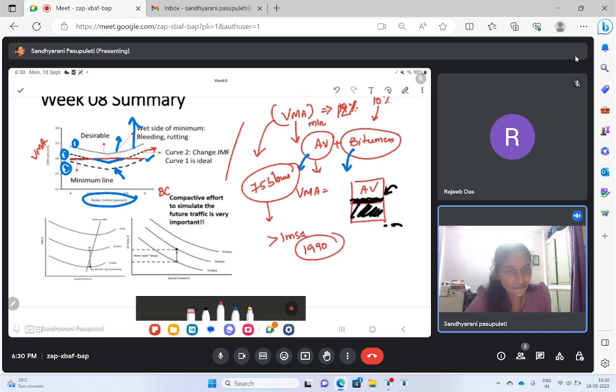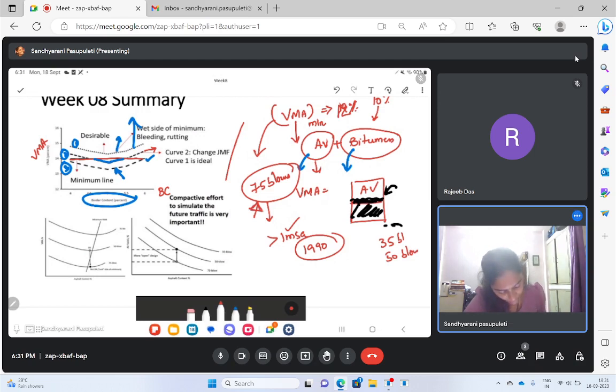So during that time, we did not have traffic of more than 100 MSA like today's traffic. So when the traffic is more than 1 MSA, they suggested going for 75 blows. If the traffic is less than 1 MSA, they also have recommendations for 35 blows, 50 blows corresponding to the traffic. So what will happen if I design for the wrong blows?